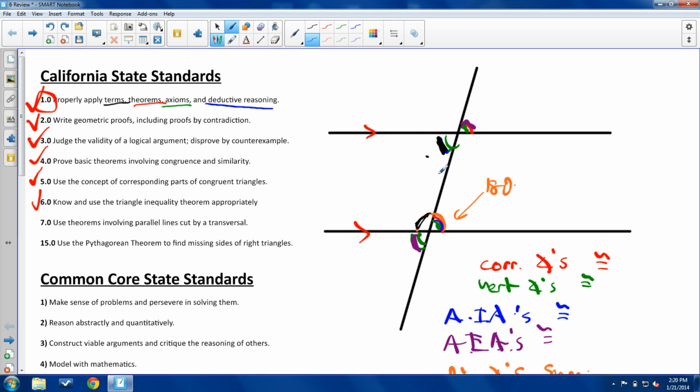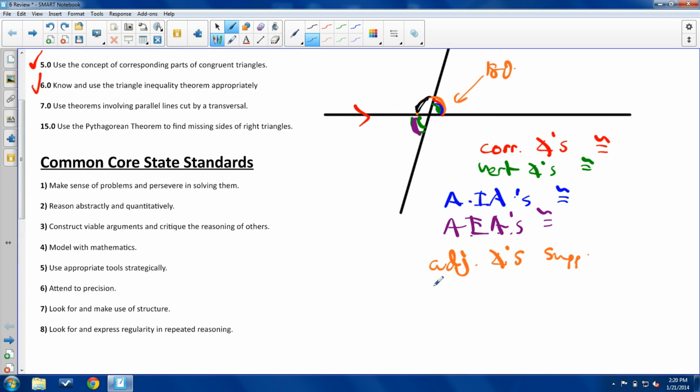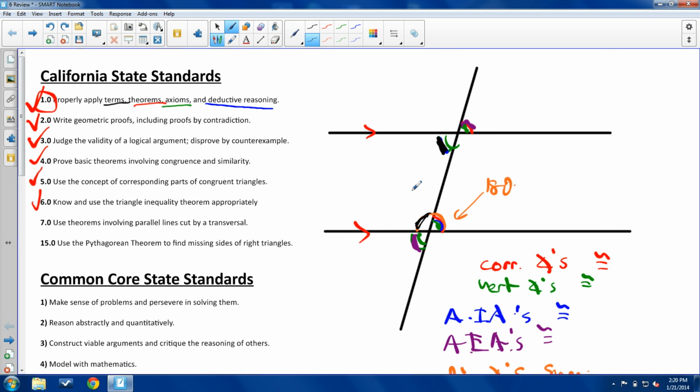Now these are on the same side of this transversal, and they both direct inward. So we will call these guys same side interior angles, and they are supplementary. Now, going along that notion, let's keep going.